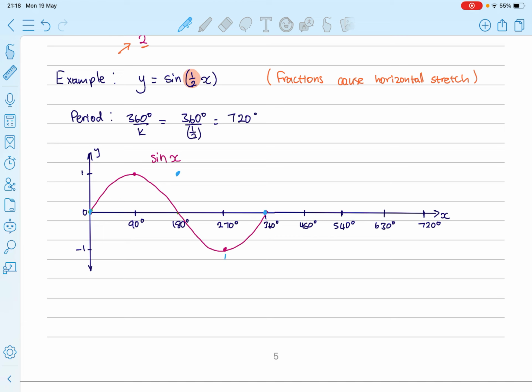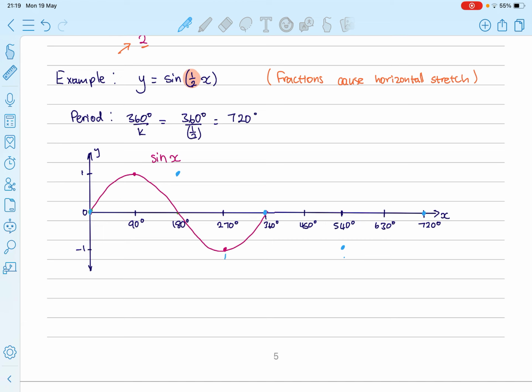The next critical point is here at 270. You multiply that by 2, you get 540. So that's where our minimum is, which is somewhere over here. And then lastly, 360 multiplied by 2, 720. So at 0, it's over there.